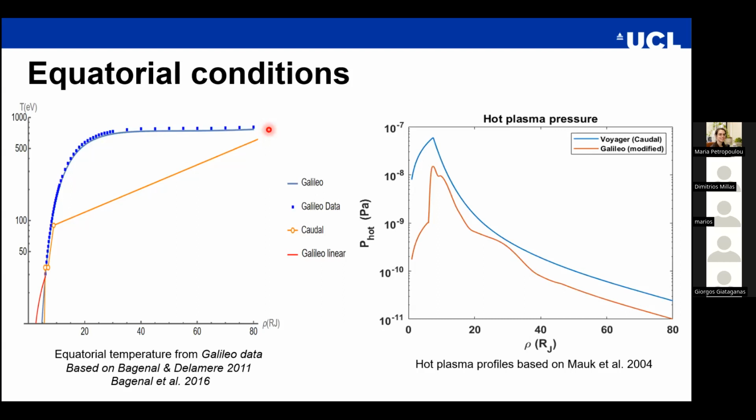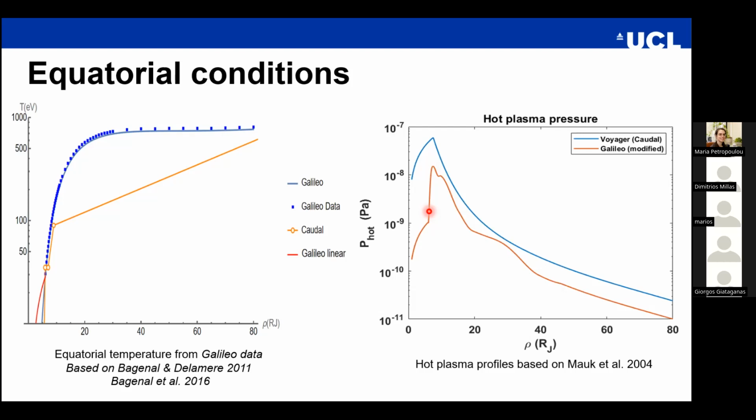Just a small pause here. Why is this important? It's important because when you compare the hot plasma content of the magnetosphere for these 2 very different eras, you find that the Galileo observation, the red one, is actually quite depleted. So when Voyager visited Jupiter tens of years ago, the hot plasma pressure was really important, but Galileo in the early 2000s showed something really depleted.